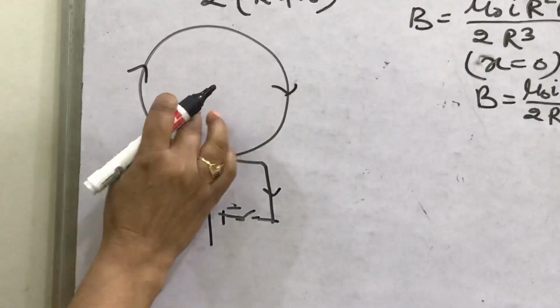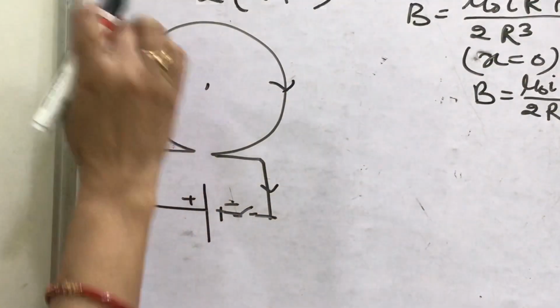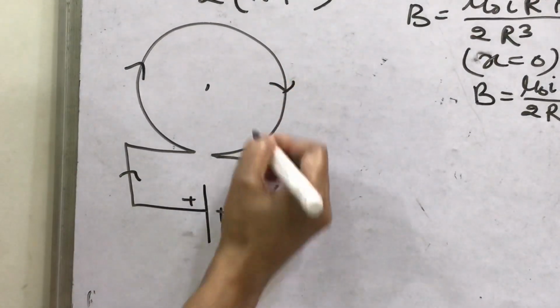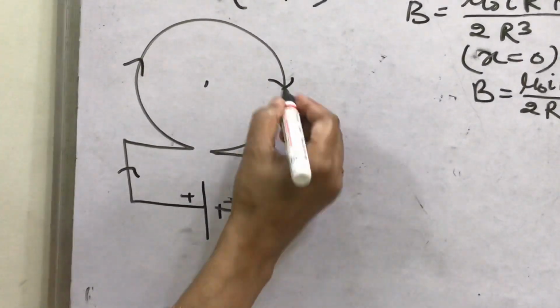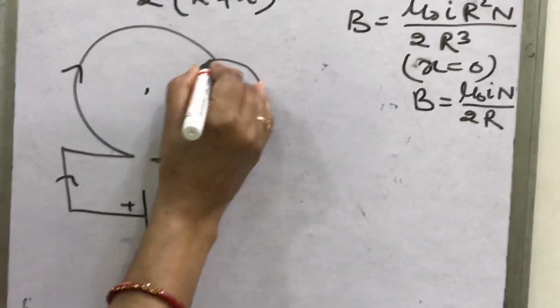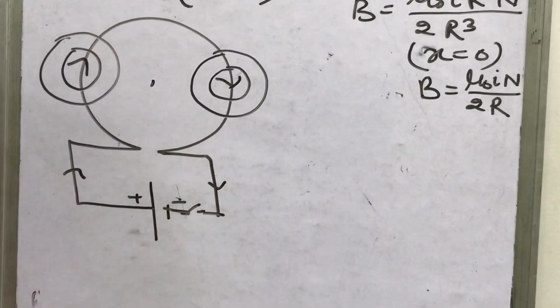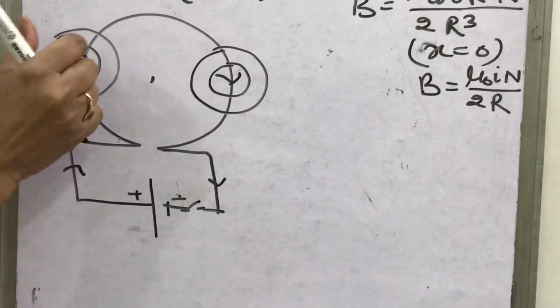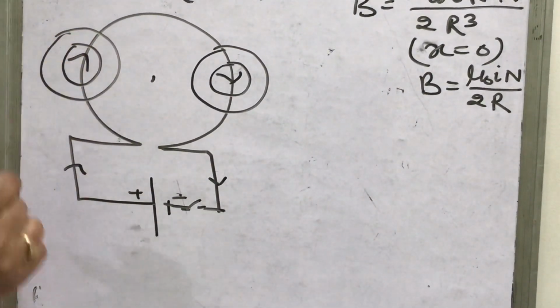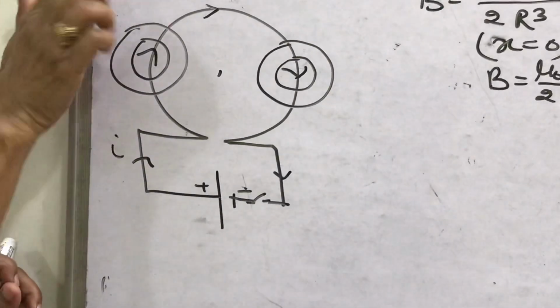How will you draw the field lines? You know, at the coil, suppose at this point, how will you draw the field lines? They are in the form of concentric circles like this. Here suppose you are drawing, then they are the circular ones. How will you draw the arrow? You look at it as per the right hand thumb rule. This is the direction of current you have shown, then right hand thumb rule.